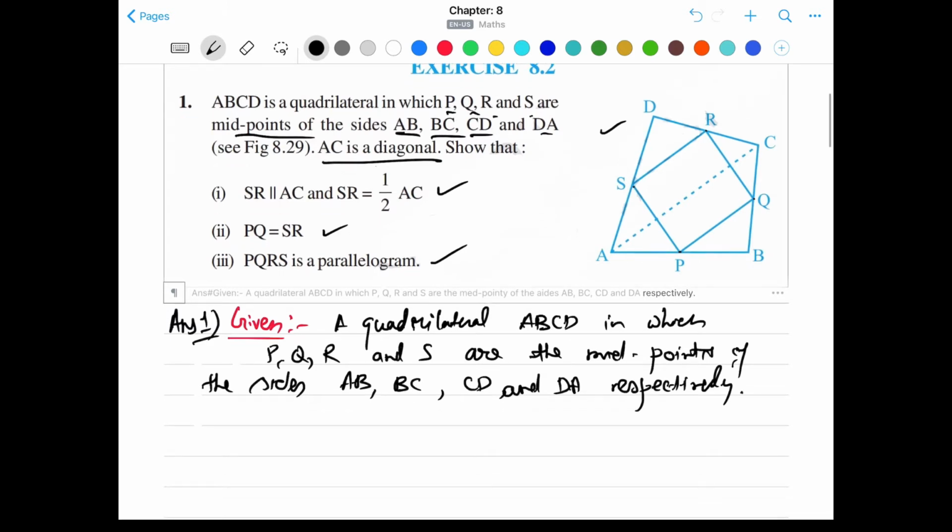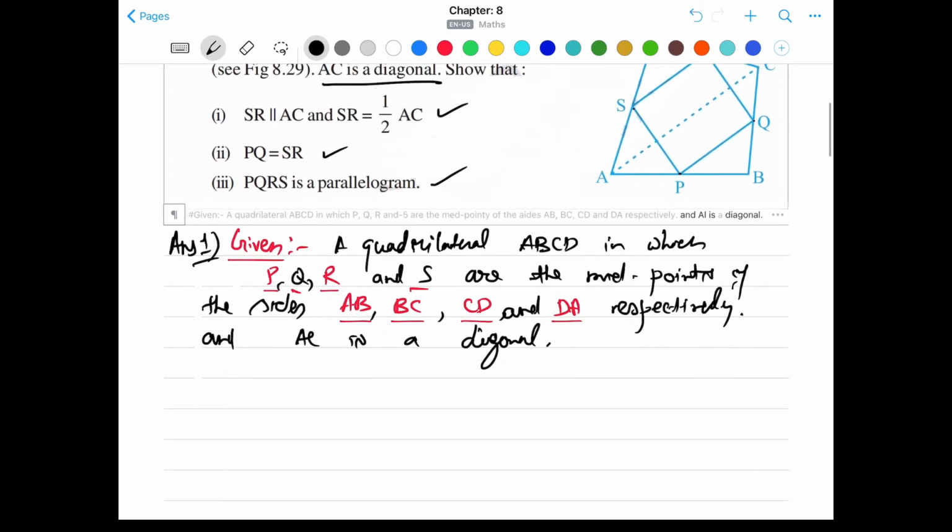That means P is the midpoint of AB, Q is the midpoint of BC, R is the midpoint of CD, and S is the midpoint of DA. That's what is given in the question. Also we are given that AC is a diagonal.